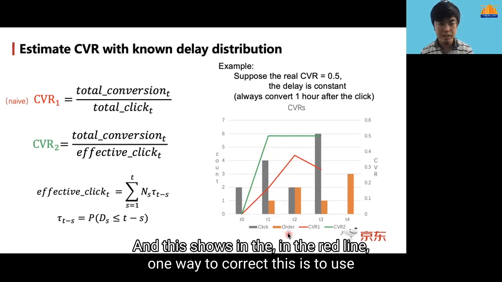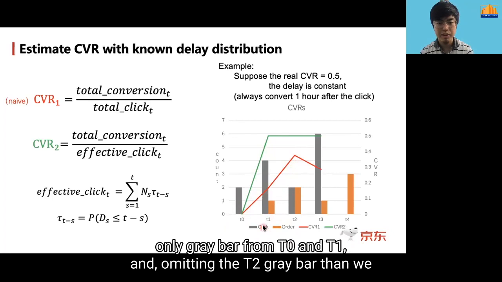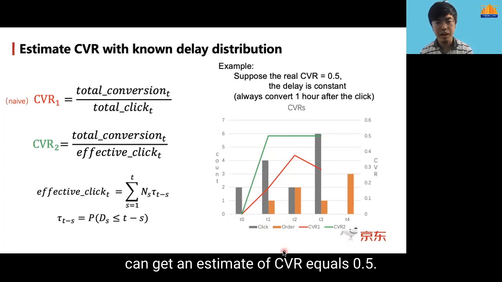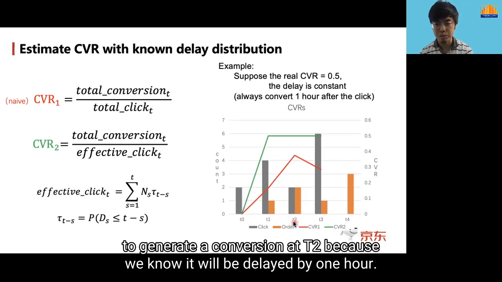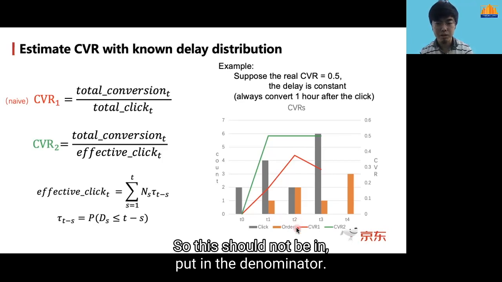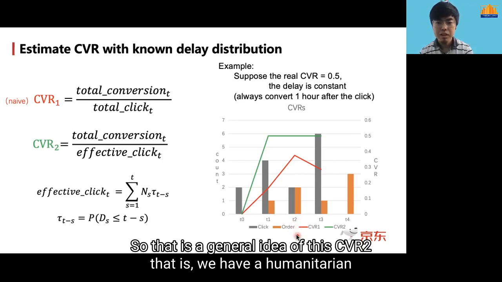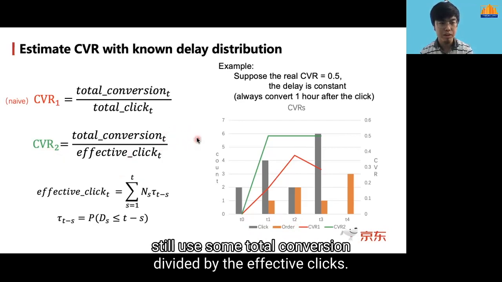One way to correct this is to use only the gray bars from T0 and T1, omitting the T2 gray bar. Then we can get an estimate of CVR equal to 0.5. The reason we can do this is that none of the clicks from T2 has any real chance to generate a conversion at T2, because we know it would be delayed by 1 hour. So this should not be included in the denominator. That is the general idea of this CVR2: the numerator still uses total conversions, but is divided by effective clicks.